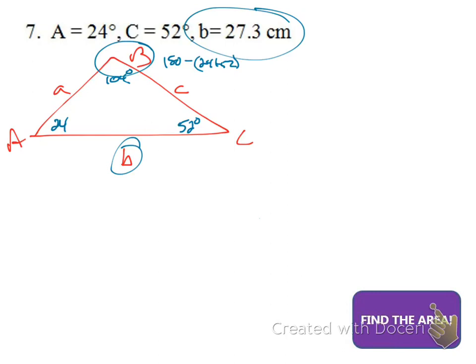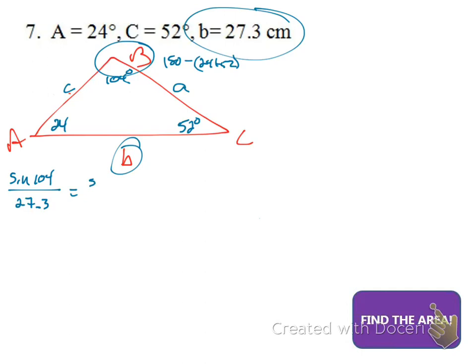Okay? So that means we've got to take the sine of 104 over 27.3 and set that equal to, and it doesn't matter if you find A or C, either one will work. So it really just becomes kind of dealer's choice. And I mislabeled this, didn't I? So this opposite side should be A, this one should be C, but it doesn't matter. It still doesn't matter which side you find.